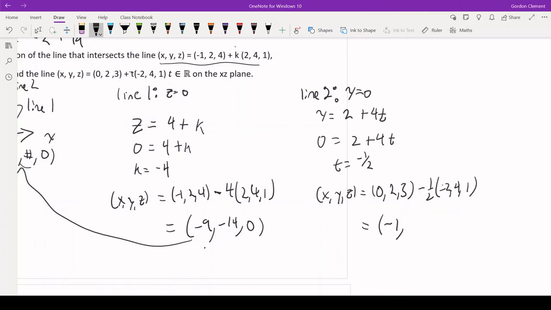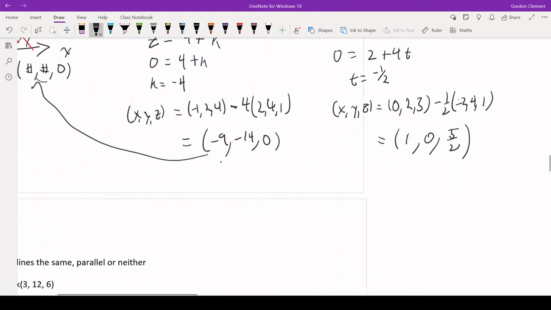I said it, I didn't write it. So -1/2 times -2 is +1, so 0 plus 1 is 1. And then we're going to do -1/2 times 4 is -2. So we get 0 for y, that's what we were going for, that's good. And then 3, and -1/2 times 1 is -1/2, so 3 minus 1/2 is 2.5, so 5/2, if we want to write it as a fraction.